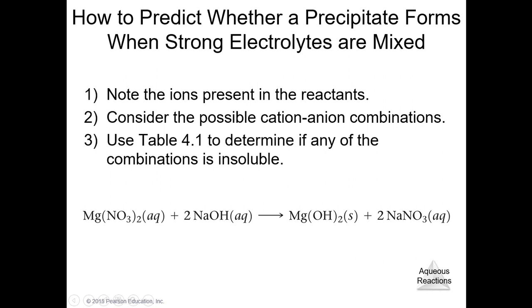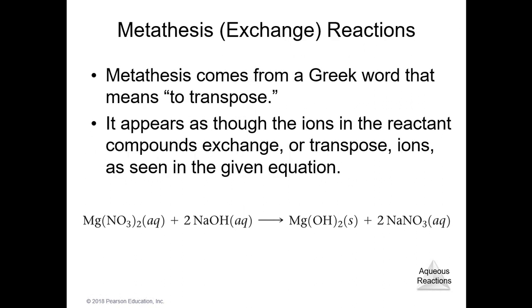Sodium hydroxide is also soluble because of sodium, a group 1 cation. So both are soluble solutions. When you mix, how do you predict the products? You see anions and cations switch, right? Magnesium goes with hydroxide. That's what I write. Magnesium hydroxide, sodium nitrate. And magnesium hydroxide is a solid. So that is the precipitation reaction.